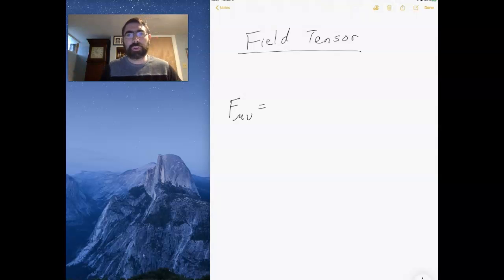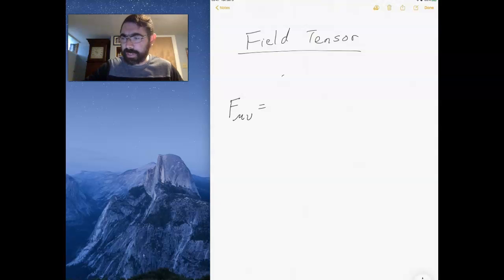So these would be 4-dimensional indices because in special relativity we combine, say, time and space into a 4-dimensional object. And so like I said, it's going to have two indices, mu and nu. One index is for one frame, the other index is for the other frame.